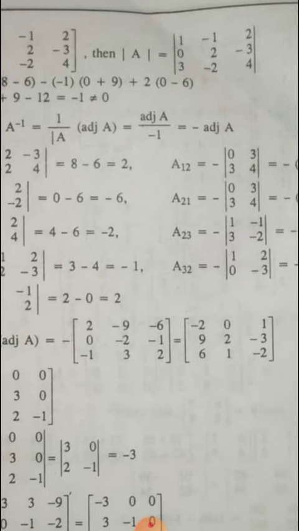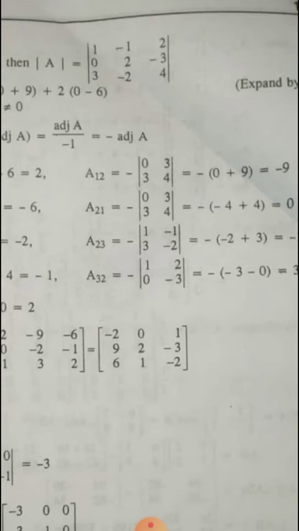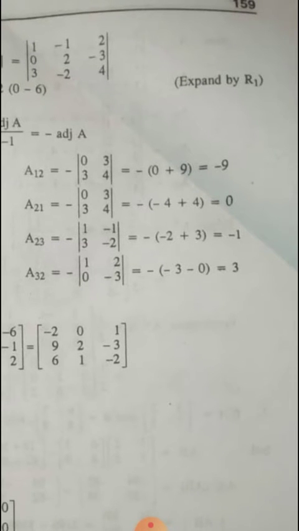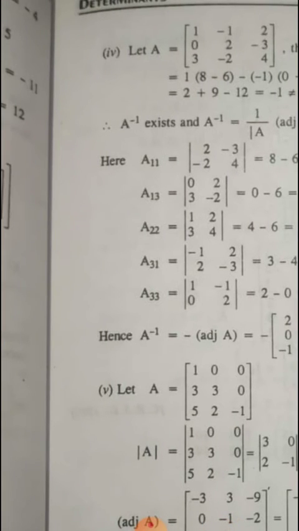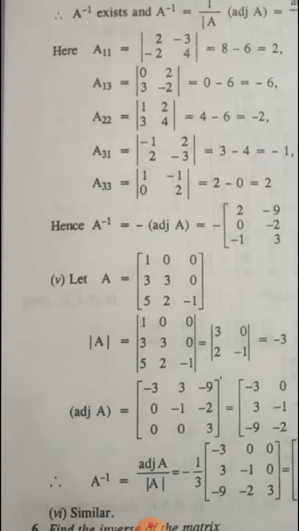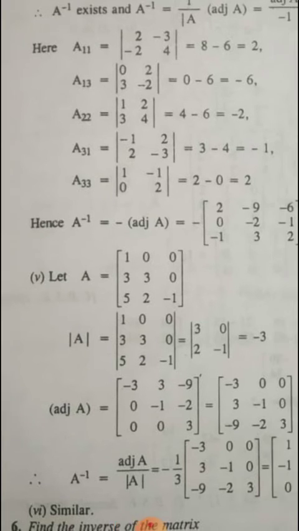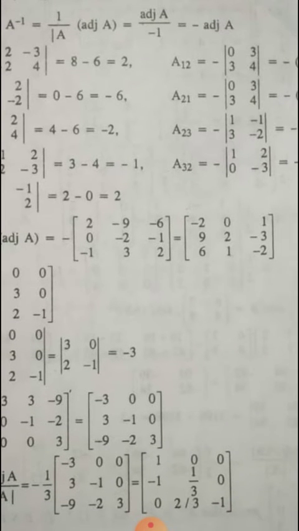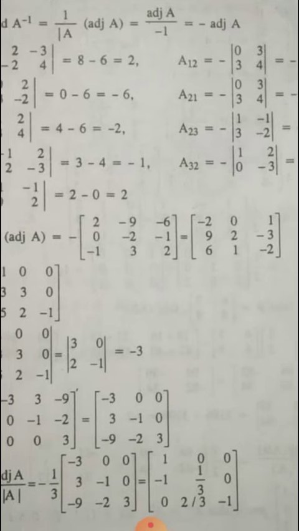A21 means 2 plus 1, which is 3, negative, it is odd place, and the cofactor will be [0 3; 3 4], and after calculating we get 0. In the same way we have to find the 9 cofactors of this matrix. It is because there are 9 elements in this matrix, so we have 9 cofactors.